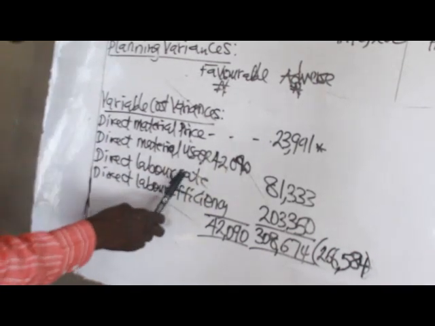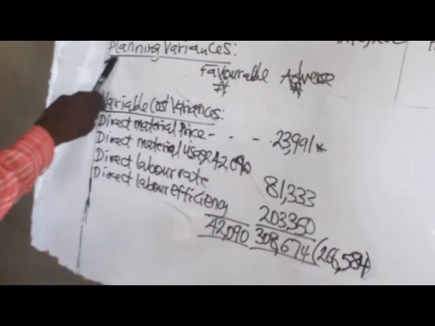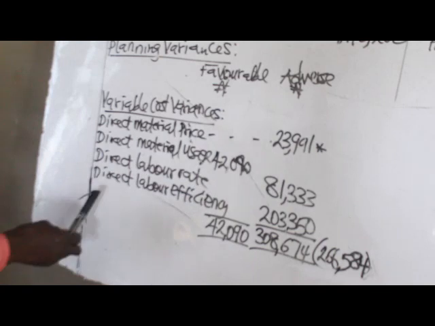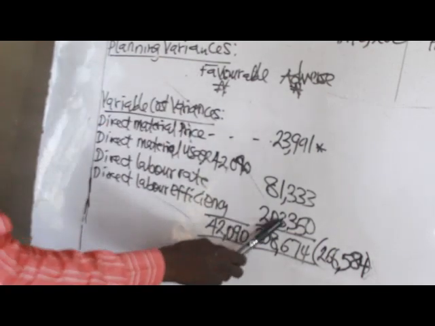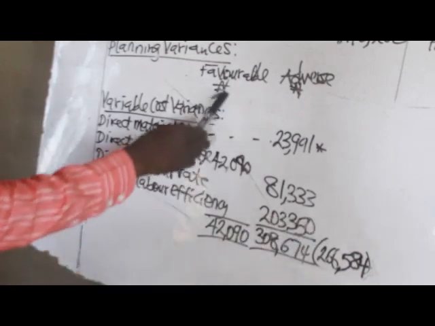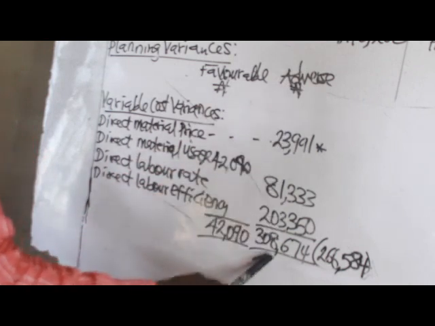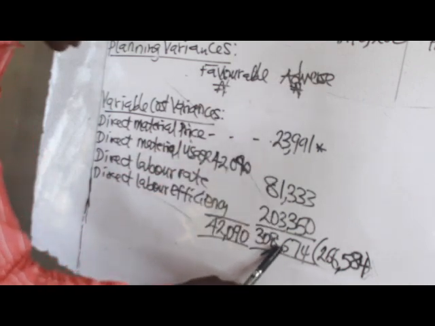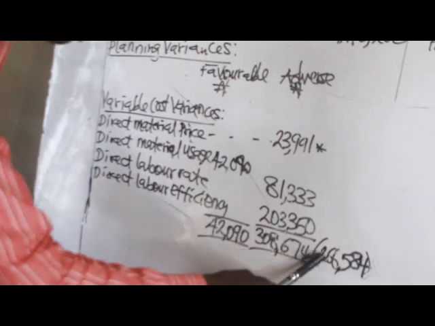Direct labor rate planning variance 81,333. Direct labor efficiency planning variance of 203,350. The total favorable variance is 42,090, while the sum of all the adverse variances we have is 308,674. The net difference between the favorable and adverse variance is 266,584.